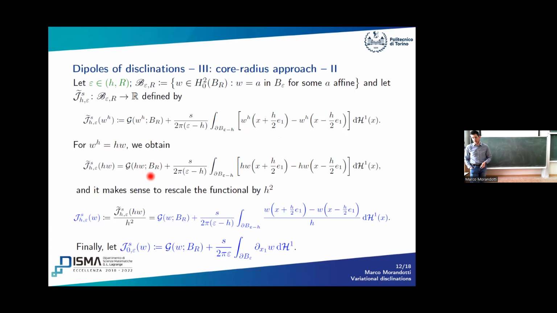And we know that the elastic energy scales quadratically because it was the square of the gradient, the Hessian, and the square of the Laplacian. So an h comes out with power 2. So we divide by h with power 2. And here we identify this incremental quotient of the w. All right. So we expect this to converge to the x1 derivative of the function w. And this is actually what we can prove.